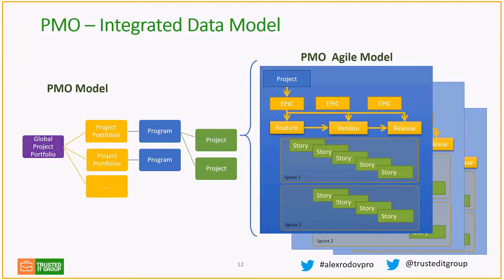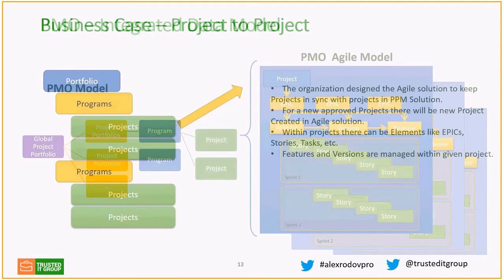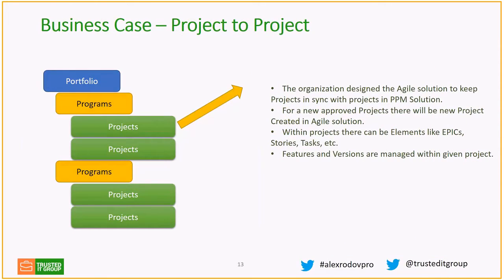Okay. All right. So, business case: the organization designs the agile solution to keep projects in sync with projects in PPM. So it's basically one-to-one: there's one project in your waterfall PPM, so there's one project in your agile. You decide, okay, that's how I want to do this.